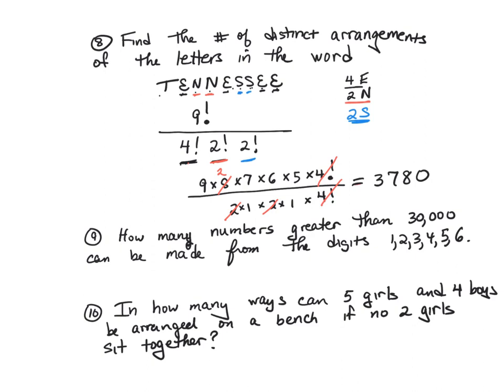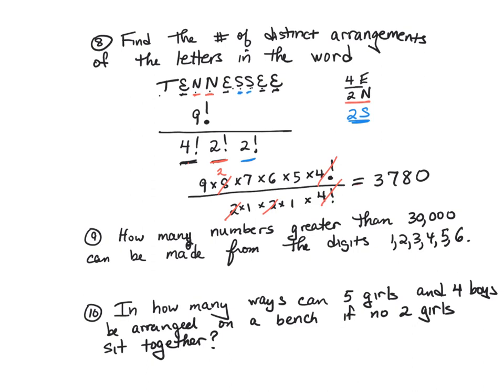Number 9: how many numbers greater than 330,000 can be made from the digits 1, 2, 3, 4, 5, 6, assuming the digits cannot be repeated? And the next one: in how many ways can 5 girls and 4 boys be arranged on a bench if no 2 girls sit together? Try these and let's see what we get.